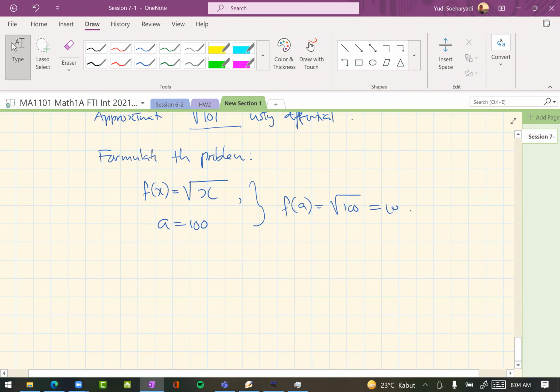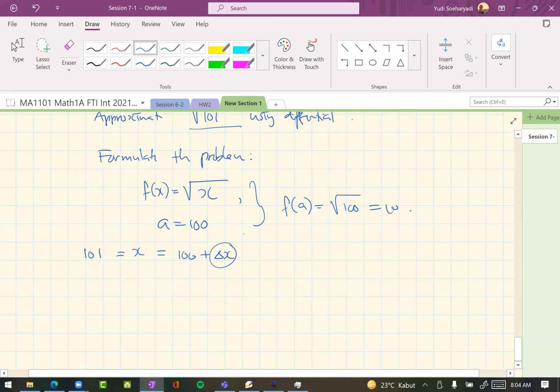But our x is not a, it is 100 plus 1, where we count that 1 as our delta a, or error.